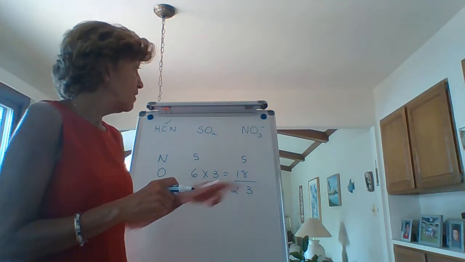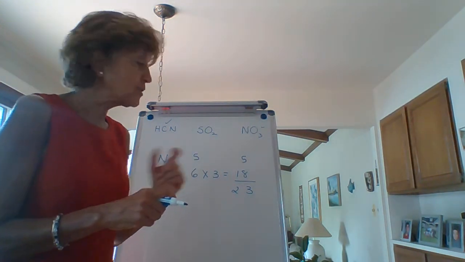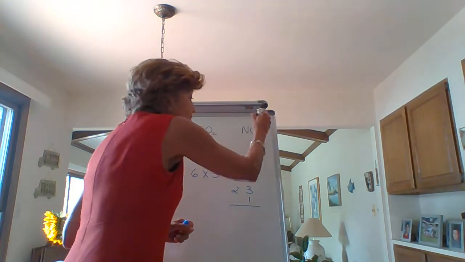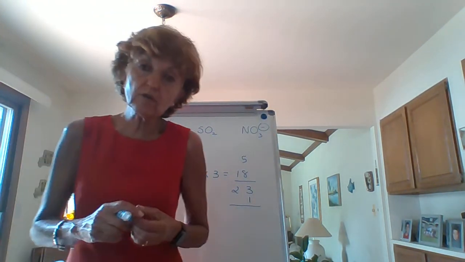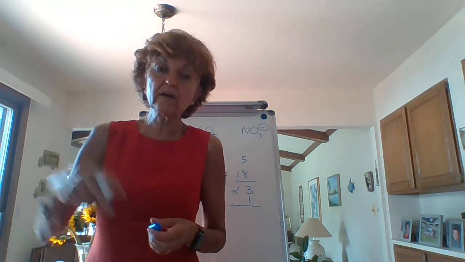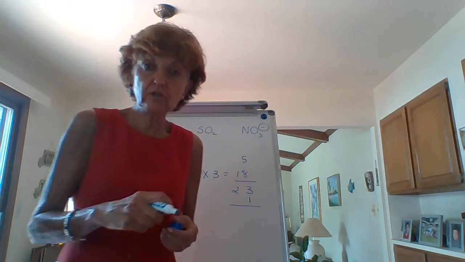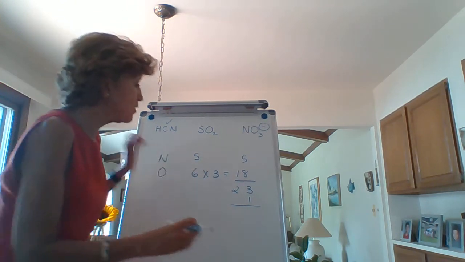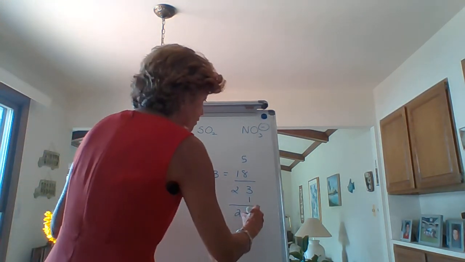Okay, what do we do with that 1 electron? You add it into the total, okay? Don't forget that. Anytime you're doing the Lewis structure of a polyatomic ion, you have to add in the charge into the total number of valence electrons. So this now is 24 total.